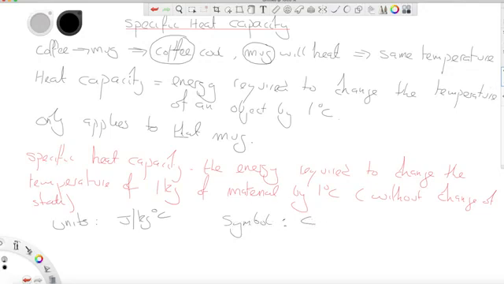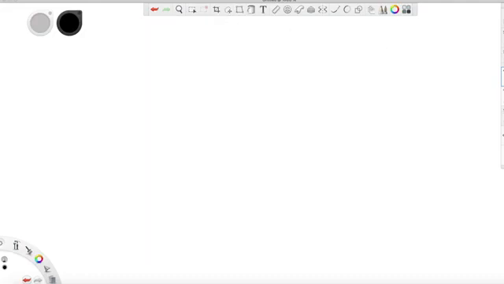So let's then look at the equation for specific heat capacity. So our equation, we'll do this in symbols and we'll do it in words.